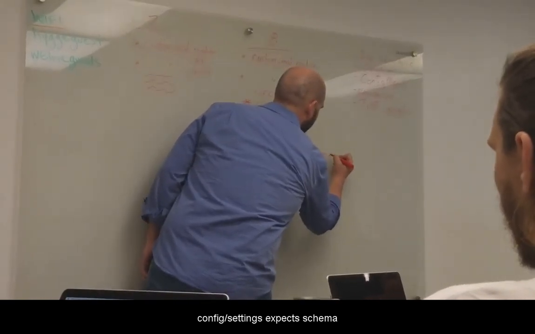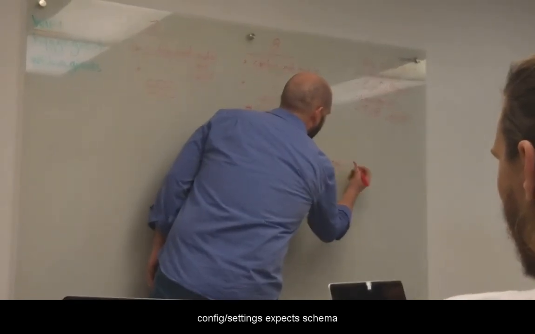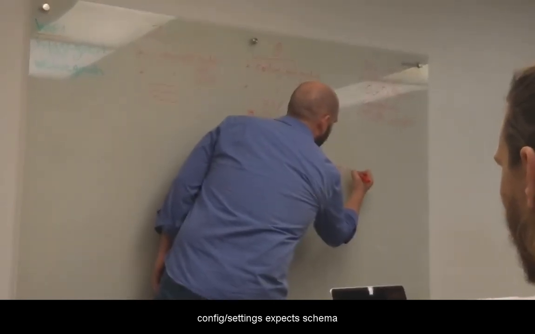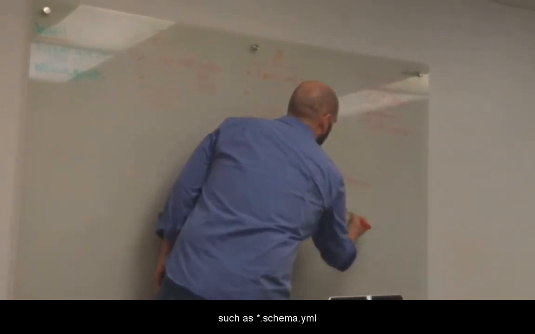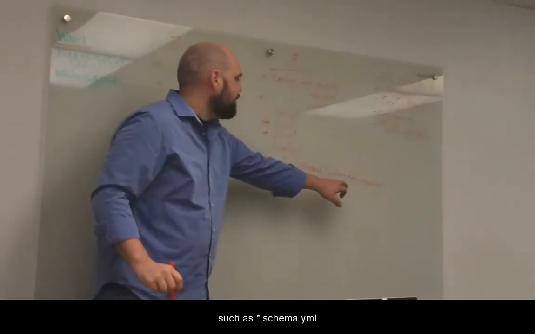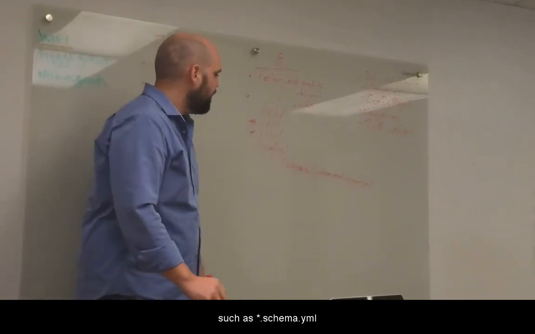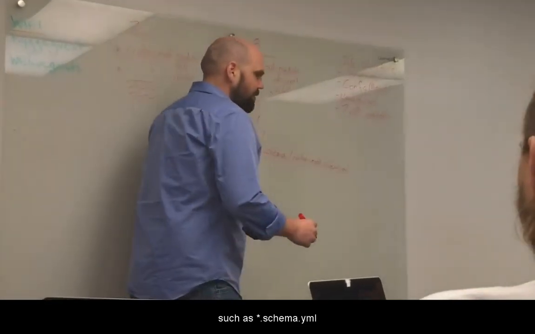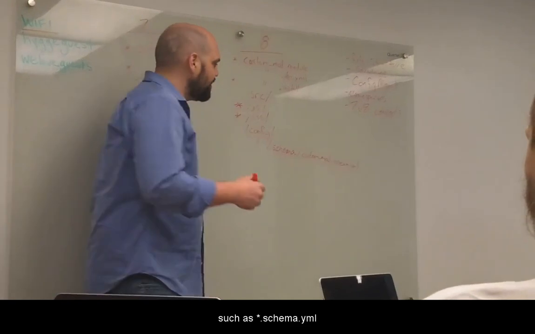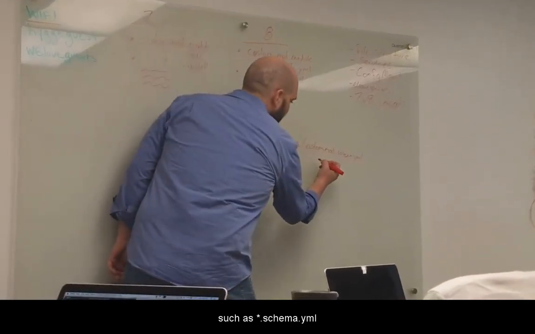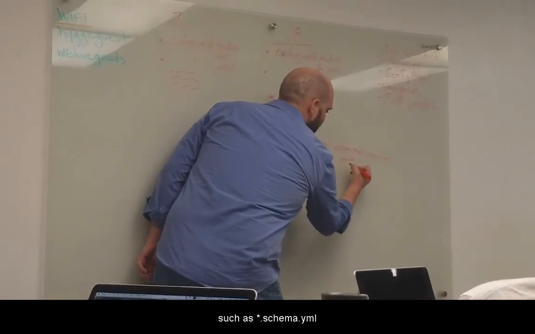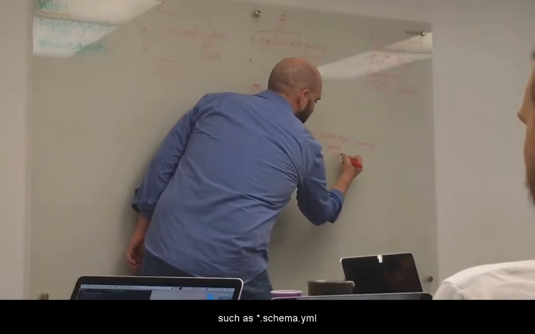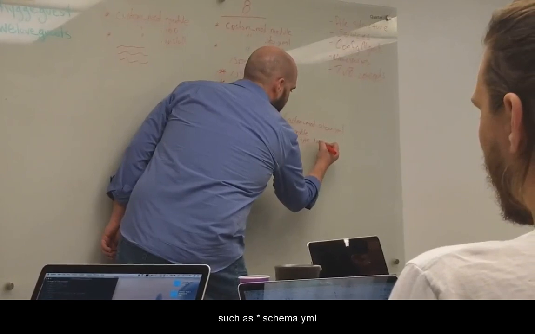Not to go too far down this road, but let's just say we have custom_mod.schema.yaml. And inside this YAML file, we're going to say that I have two settings. I have one setting called enabled, and it is of type Boolean.